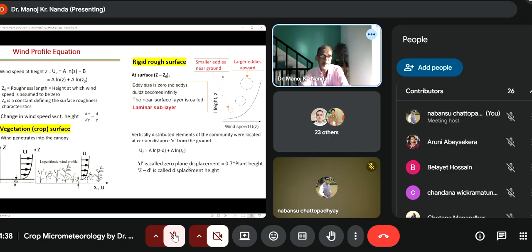Generally zero plane displacement is 0.7 times plant height, and z minus d is the displacement height as I told earlier. So now du by dz is equal to A by (z minus d). Previously I was saying A by z, but for a top surface it becomes A by (z minus d), as I told that all z will be put as z minus d.